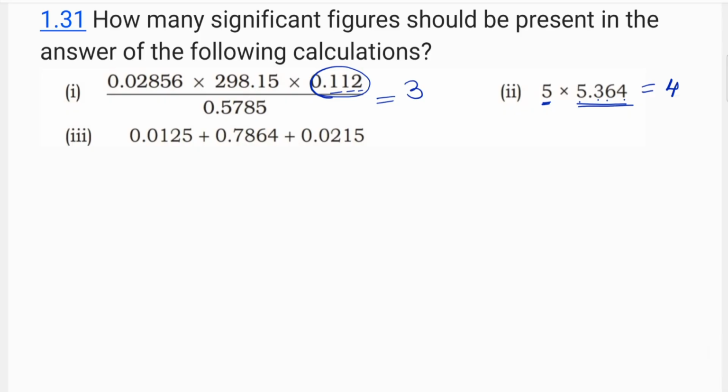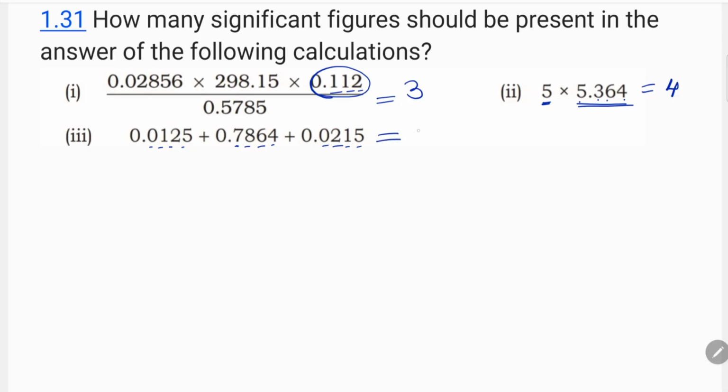Next one is an addition question in which we have to add. There you can see how many decimal places are there. There is 1 2 3 4, and in the next number also 1 2 3 4, and in the next one also 1 2 3 4. So whenever we are looking at the numbers, there are 4 decimals, right?